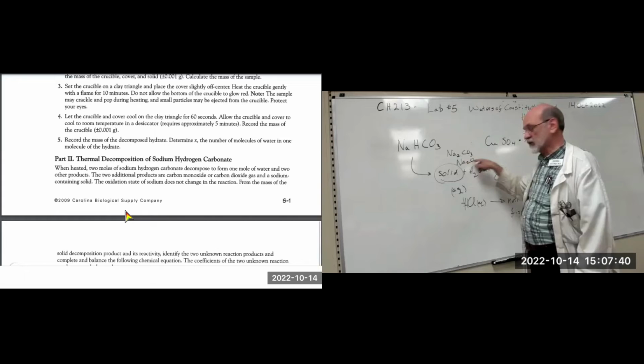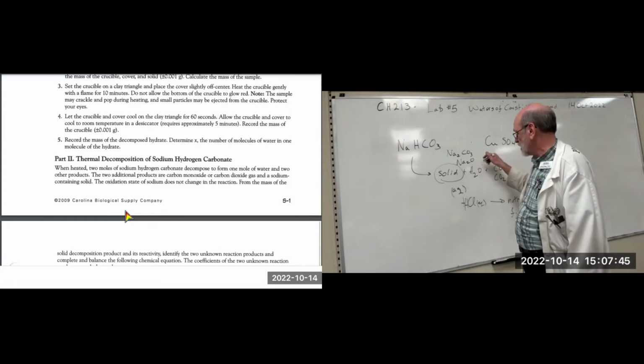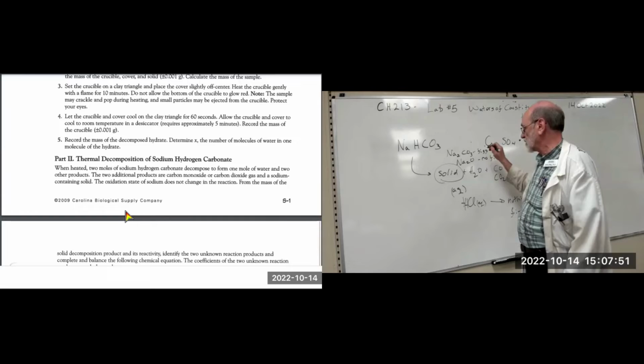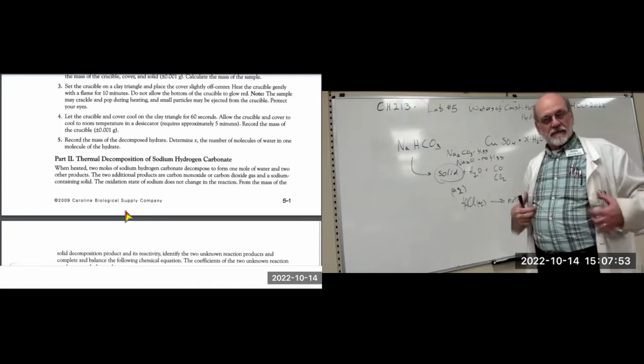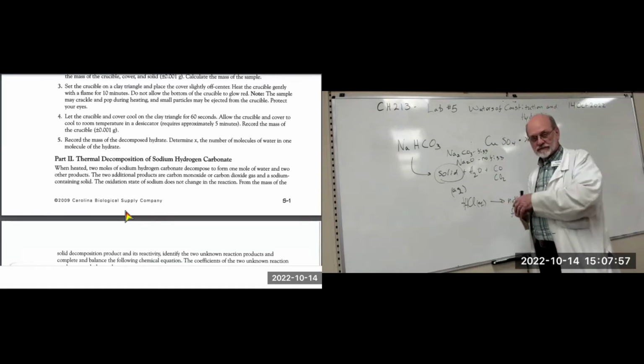Sodium carbonate or sodium oxide. If it's this one, there's no fizz. If it's this one, there's a fizz. Okay? That's like a quick test to distinguish between the two.